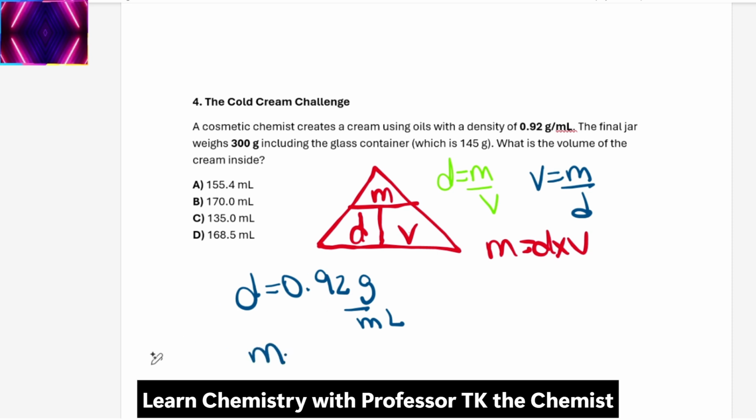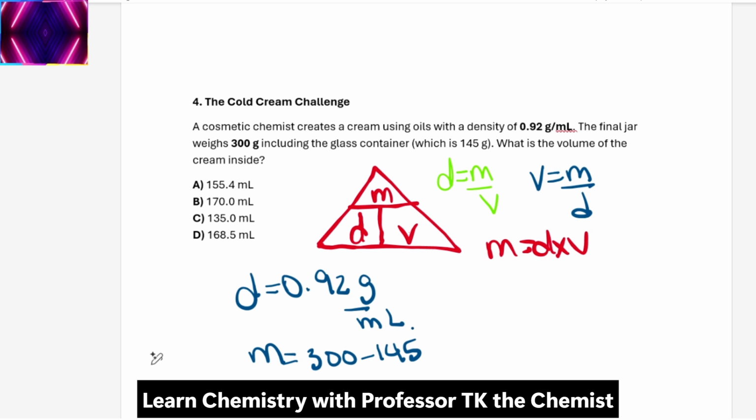So in this case, they give you two different mass numbers. You should subtract those two numbers in order to find the appropriate mass, because they said the final jar weighs 300 grams, including the glass container, which is 145 grams. Why?